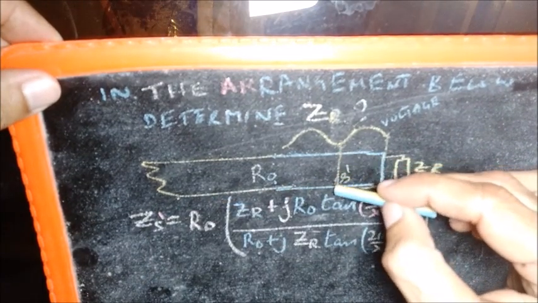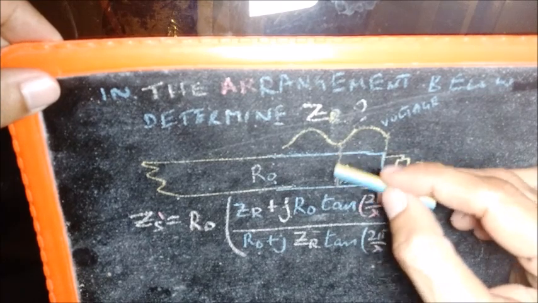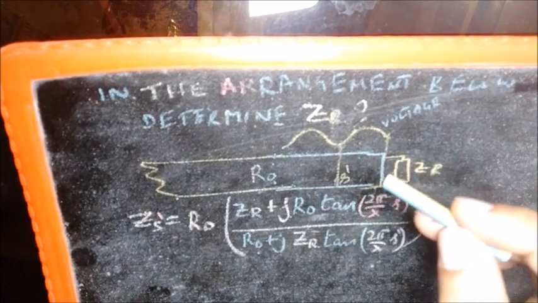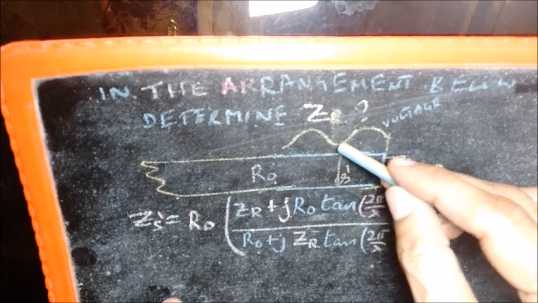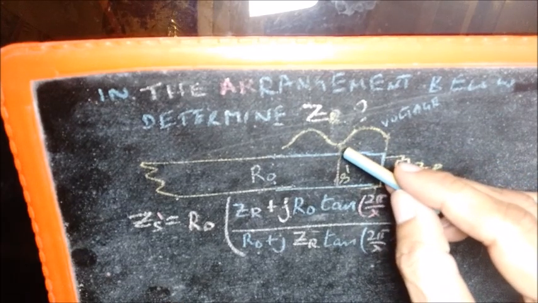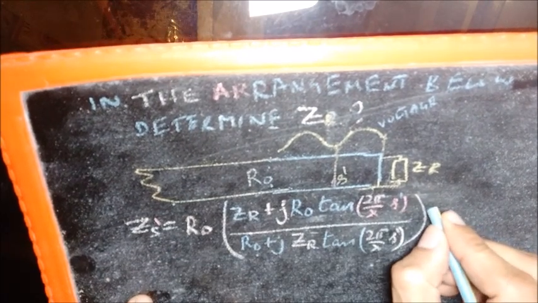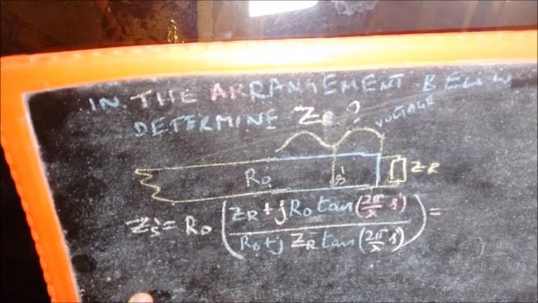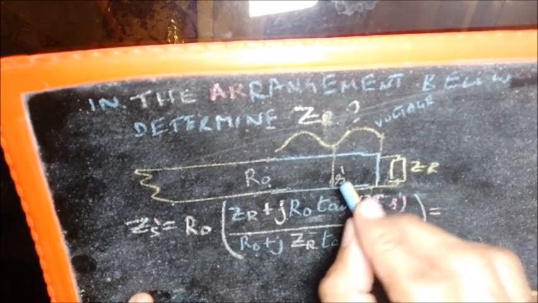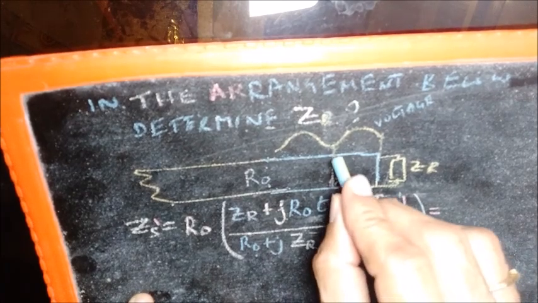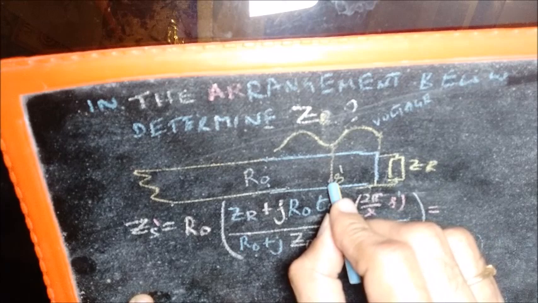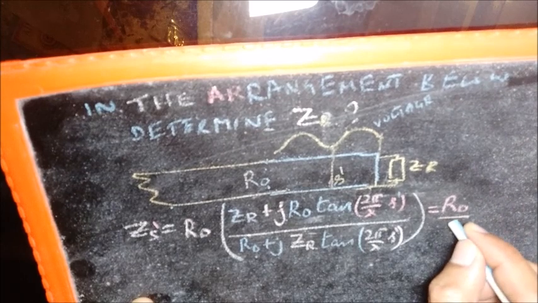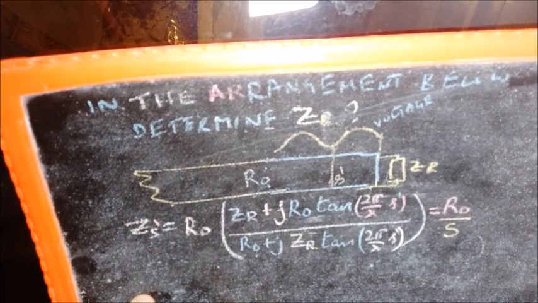One of the observations we discussed is that when S is equal to S dash, that is the point where you have a voltage minimum, the line impedance will be R min and current will be I max. At this point S dash, the line impedance will be purely resistive, and it will be equal to R min, which is R naught by S.